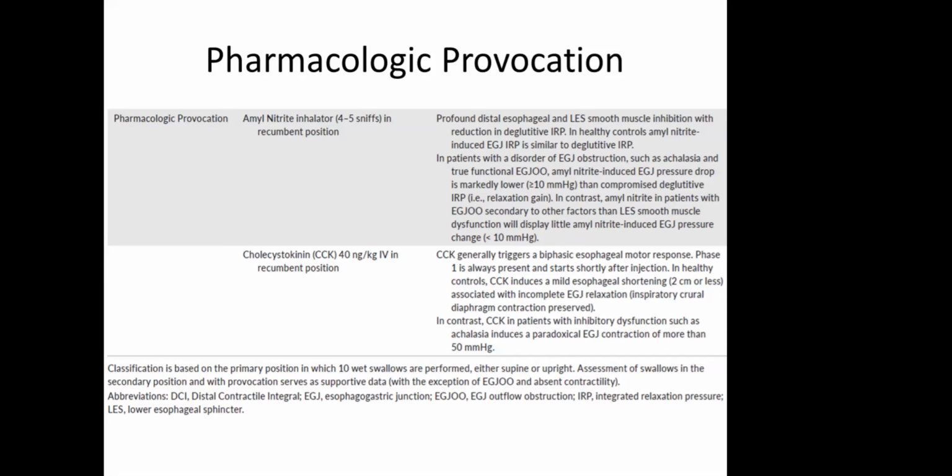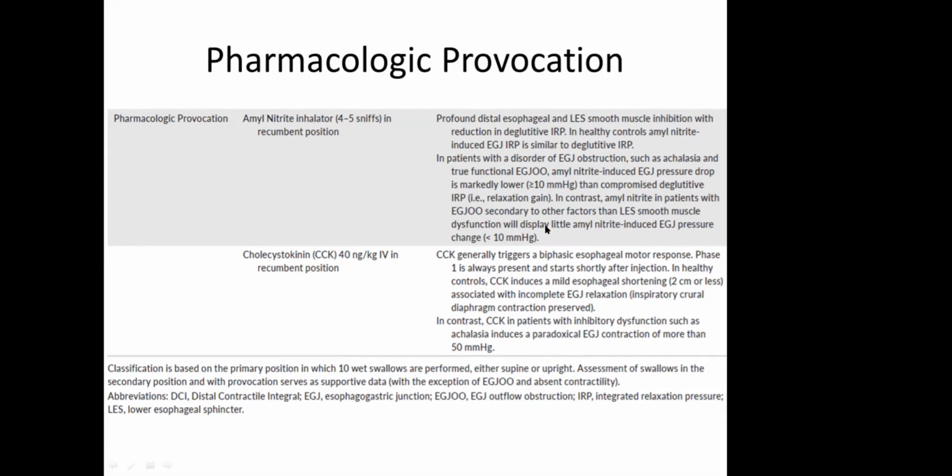Pharmacologic provocation. They contain 2 different protocols. One is using amyl nitrite, which is a muscle relaxant, given by inhalation in a recumbent position. After giving this, they will look at the EGJ parameters again.